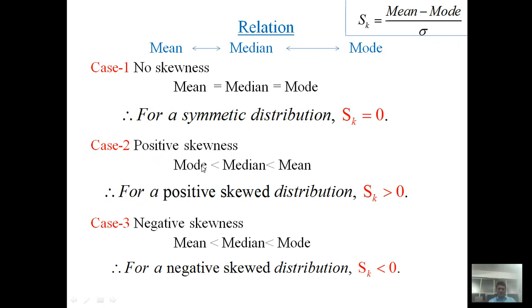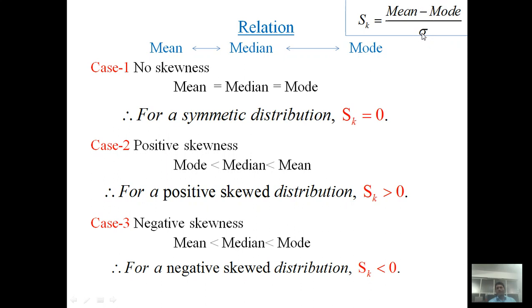For positive skewness, the mean is greater than mode, so in mean minus mode the numerator is positive. So the Pearson coefficient is greater than 0 when there is positive skewness. At last, negative skewness: mode is greater than mean, so the numerator is negative.